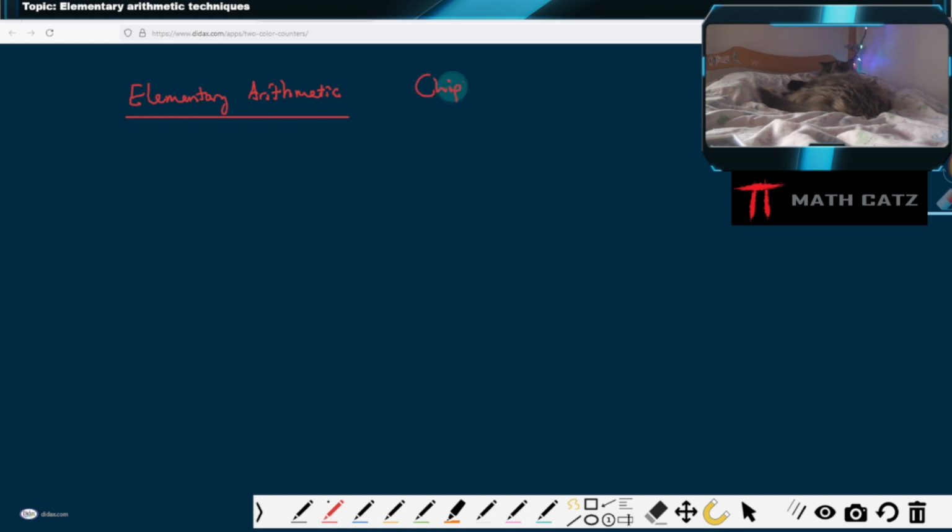We will now talk about an alternative, the chip model, where we're going to use multicolored chips, two different colors. One will indicate a positive chip. For example, let's take yellow as our positive chip.